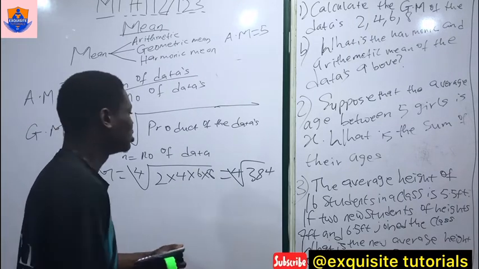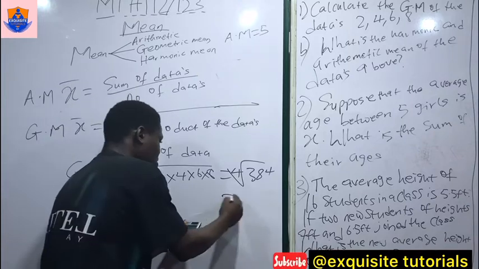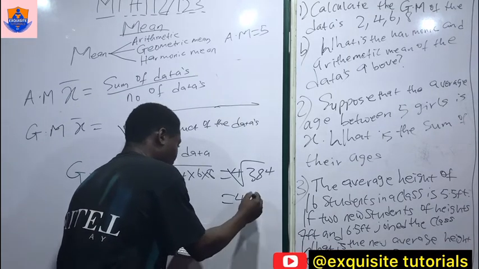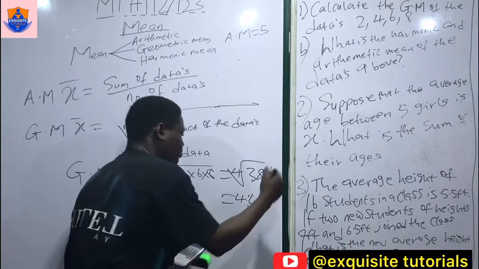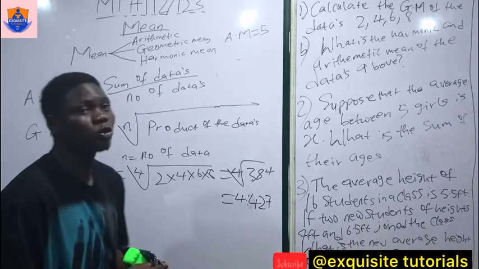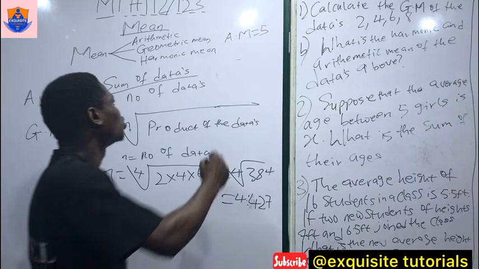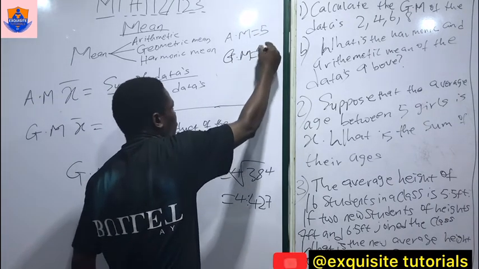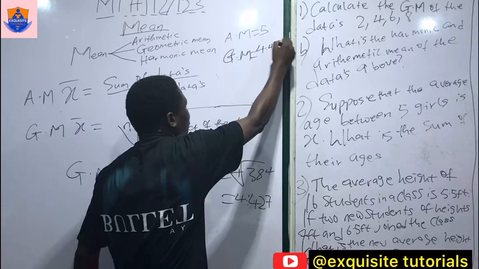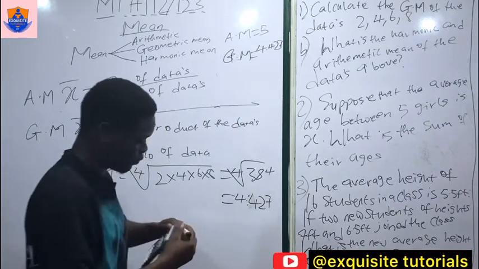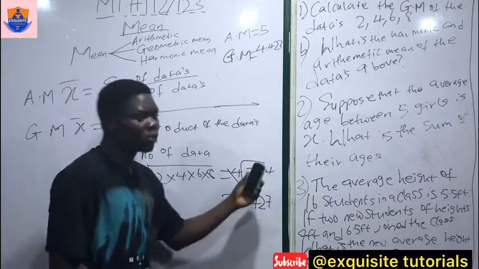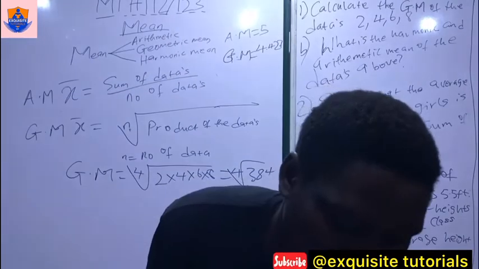So you can see that the 4th root of this is 4.427. So we have gotten the geometric mean as 4.427. At least it is close to 5, but it's not 5. That's the geometric mean of that data.